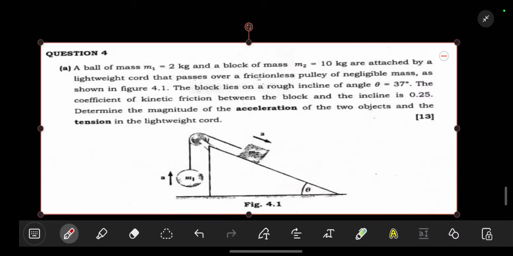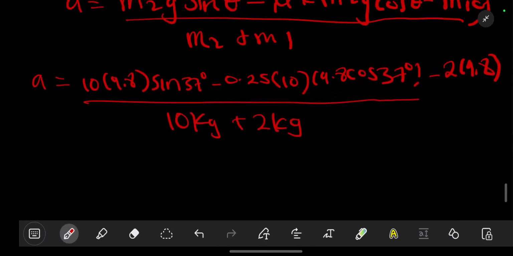So this is going to give us a value of a equal to 10 times 9.8 times the sine of 37, which is 58.97787.